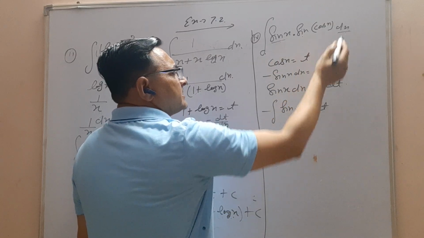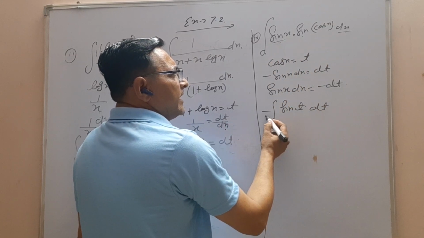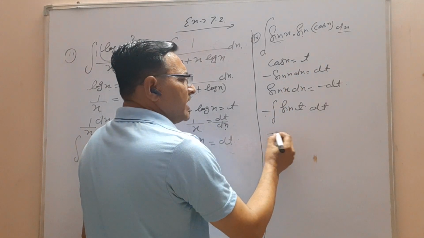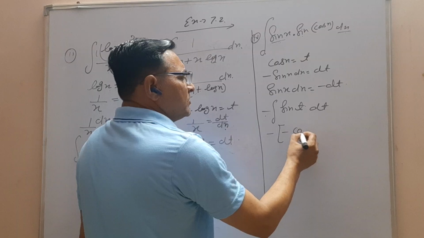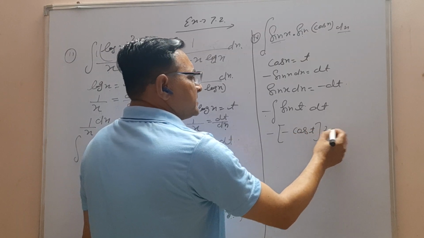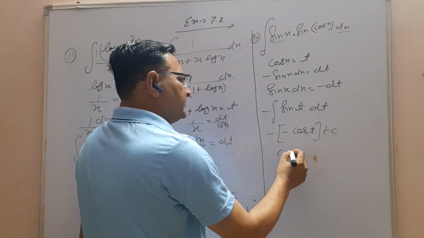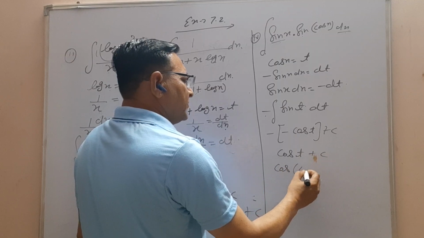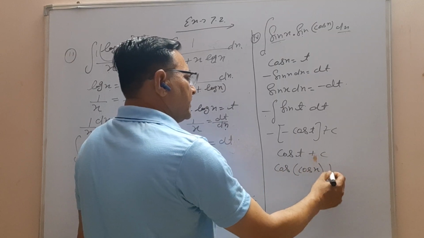The integration of sine of t is minus cos t plus c. So negative negative is positive. Put the value of t: cos of cos x plus c.